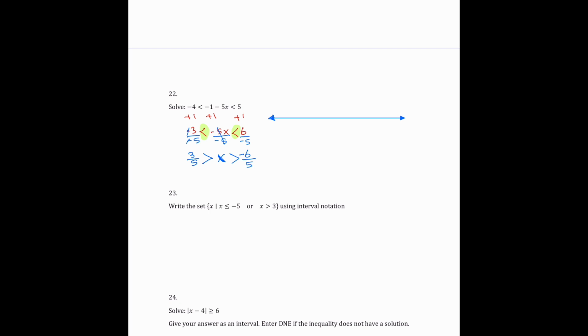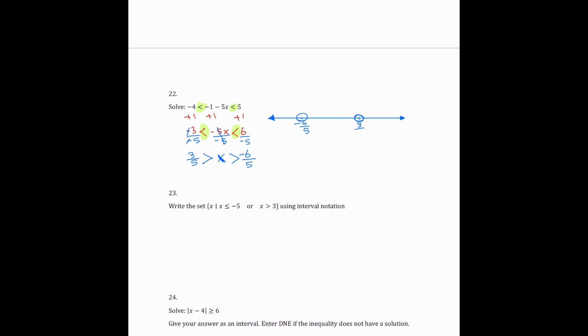So I will put -6/5 first because it's the smaller of the two quantities. 3/5 is positive, so it goes to the right. And both are not included because the inequalities are just strict less than and greater than.